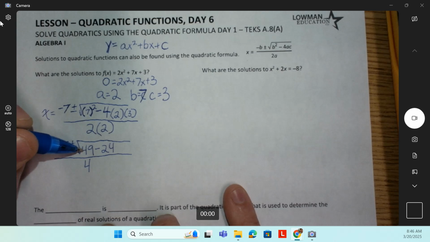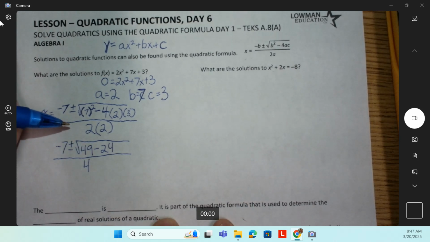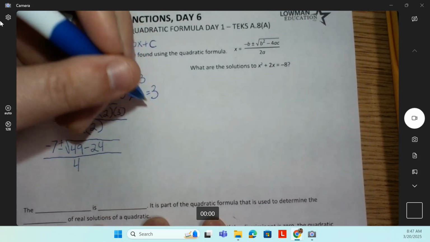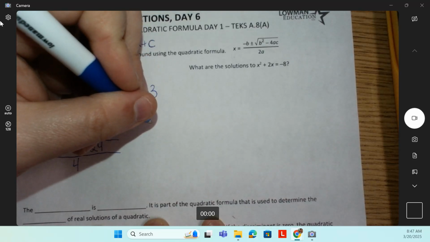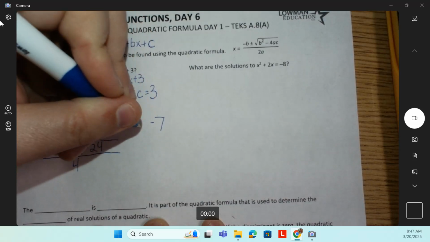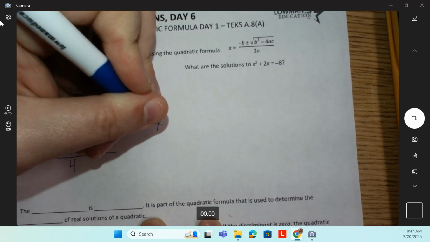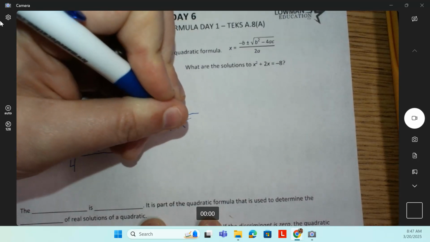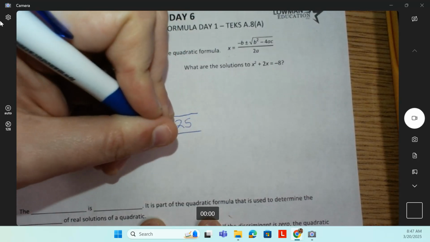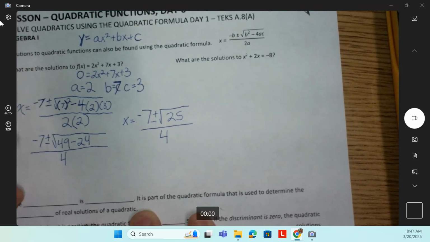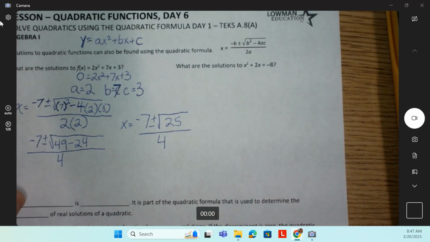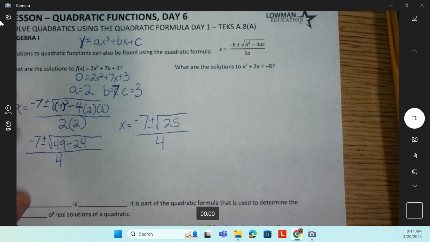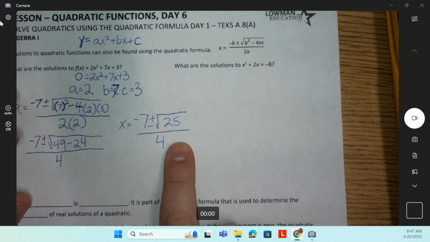When I subtract that, 49 minus 24 is going to give me 25. So we end up with -7 plus or minus the square root of 25 over 4. We can take the square root of 25, and that would give me 5.